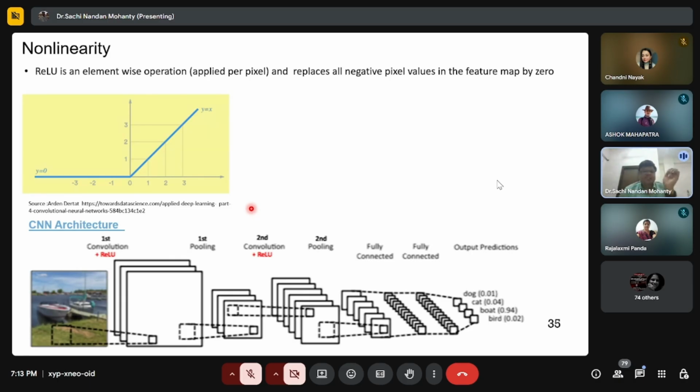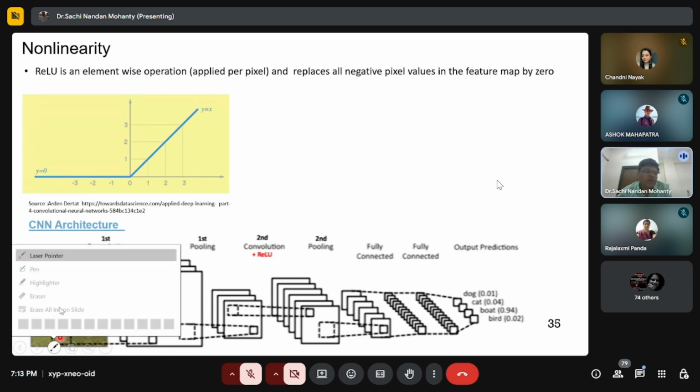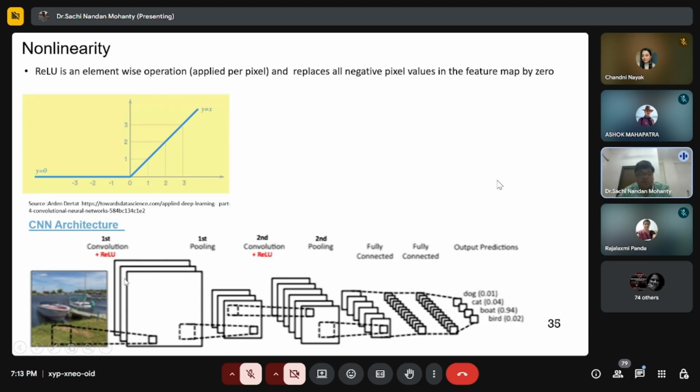So in a CNN architecture, we can find the first convolutional layer. Here there is a boat, some water, and some other images also. By using the first convolutional network, all the images will be segregated.